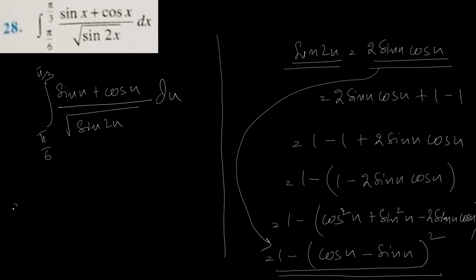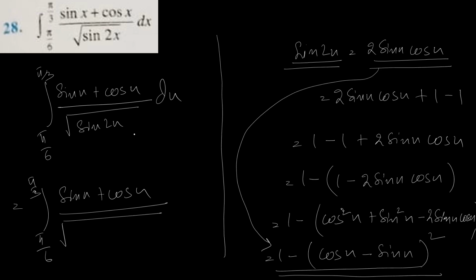Pi by 6 to pi by 3, sin x plus cos x by root over, in place of sin 2x I can write 1 minus cos x minus sin x the whole square, dx. Let me write this one more time.